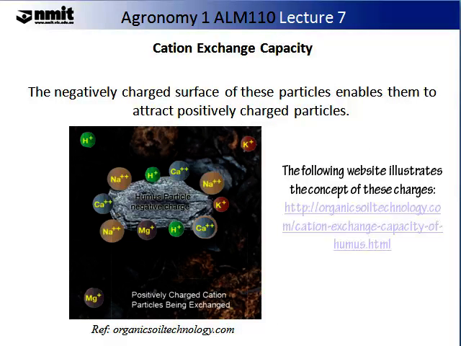The negatively charged surface of these particles enables them to attract positively charged particles. If you are able to link to the following website, you will see a demonstration of the chain exchanges of these charges. These images are of a conceptual nature.